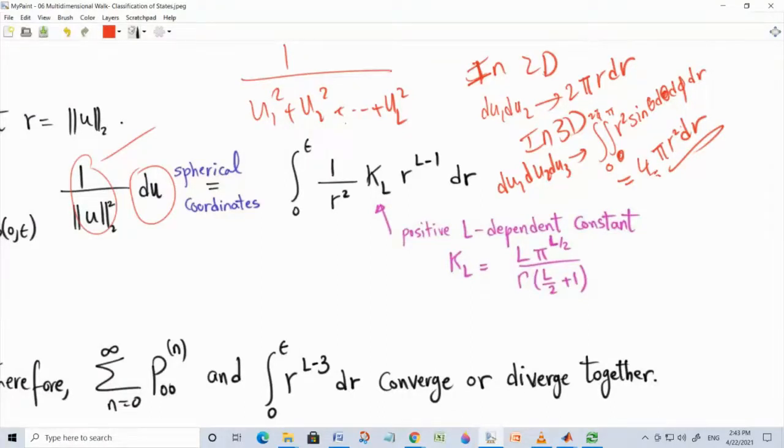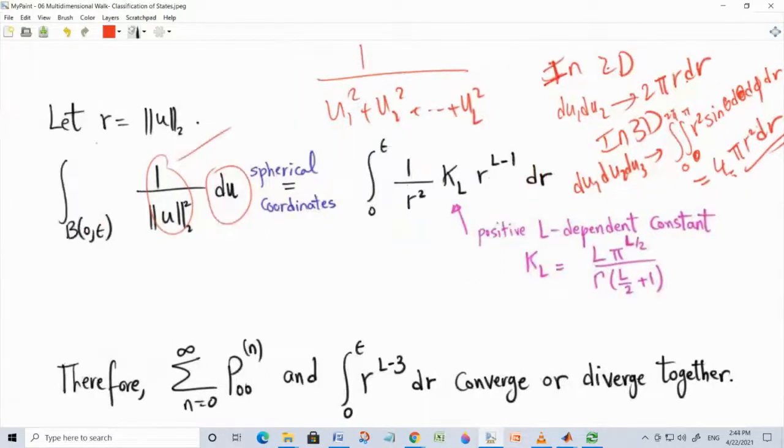For your curiosity, I wrote down the general formula in L dimensions, and you have r to the L minus 1. If you are in 2 dimensions, you get r. If you are in 3 dimensions, you get r squared. Generally, in L dimensions, you have r to the L minus 1. And don't forget that in the denominator, we have r squared.